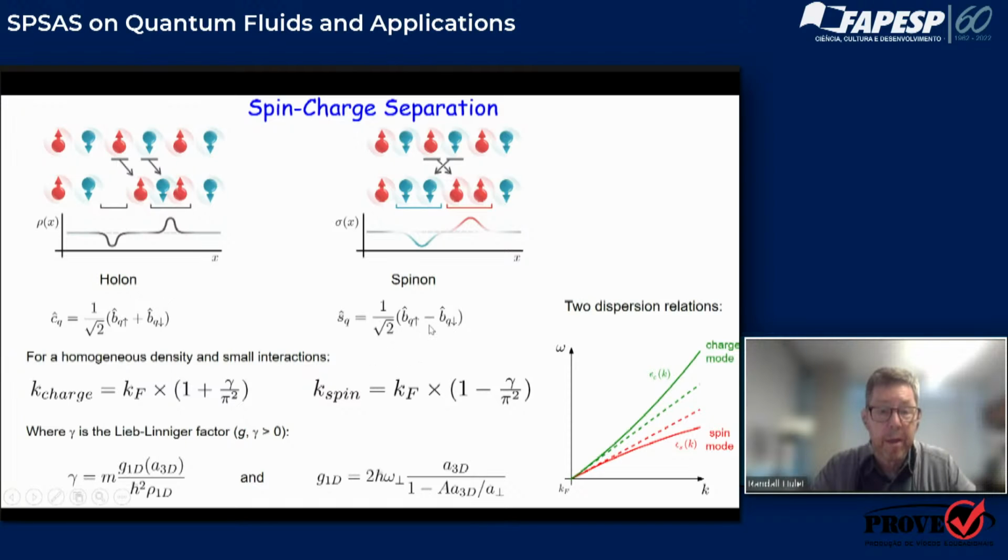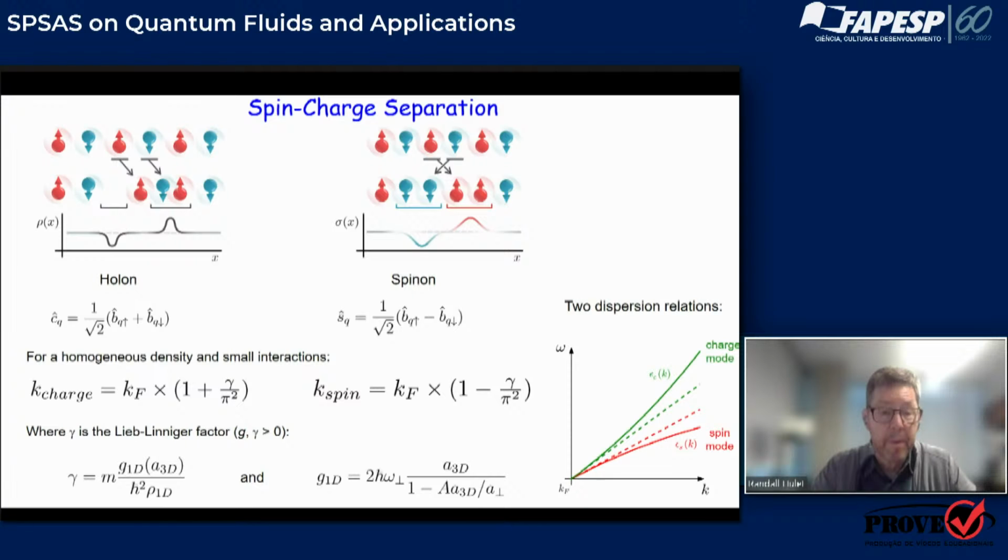These are bosonic operators, and one can calculate in perturbation theory the effect of interactions. Gamma is the interaction parameter. It's called the Lieb-Liniger parameter, and it depends on a 3D scattering length, and it depends on the 1D density.